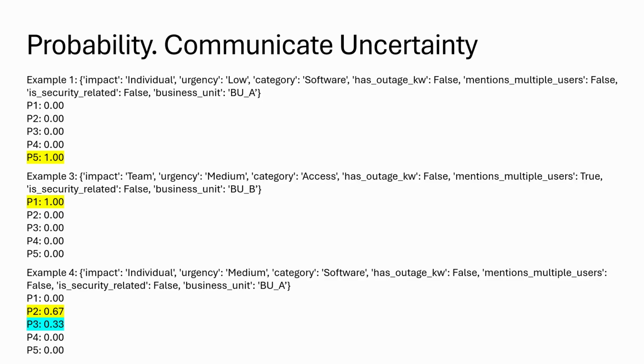Okay, for probability outputs, this is where, again, it shows the actual confidence score on what it predicted. The interesting one here of note is example 4, right? And this is, again, these borderline cases are exactly where the confidence score becomes extremely valuable.